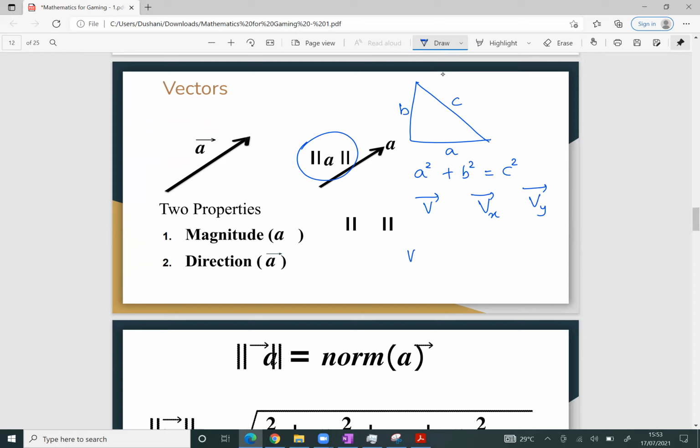We know that the magnitude of this vector is equal to the square root of vx squared plus vy squared, because over here c is equal to the square root of a squared plus b squared. So this is how we calculate the magnitude of a given vector.